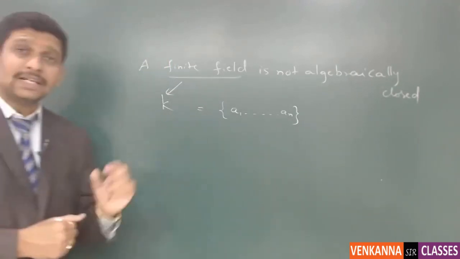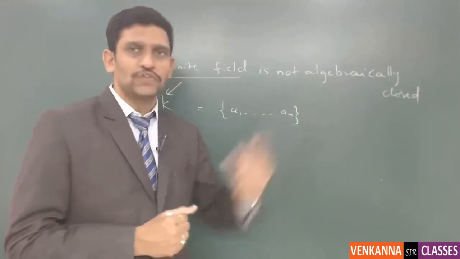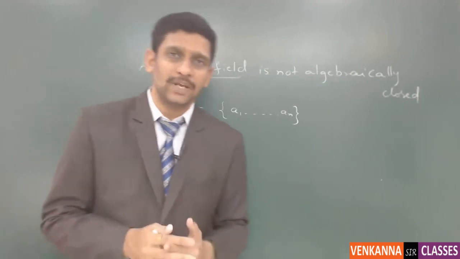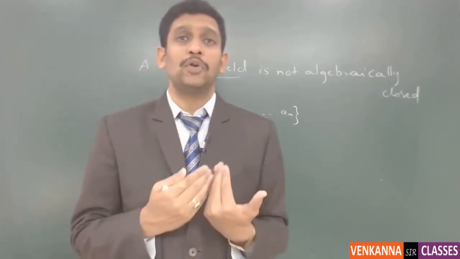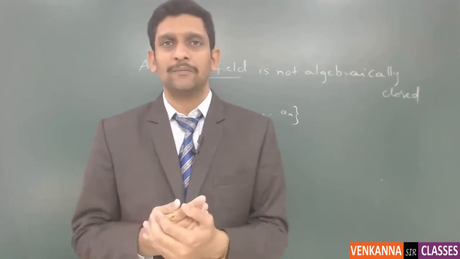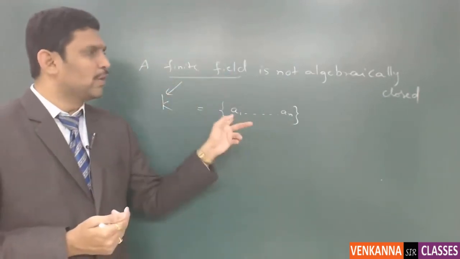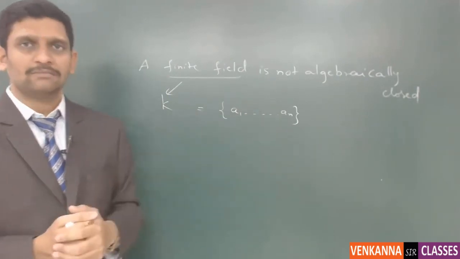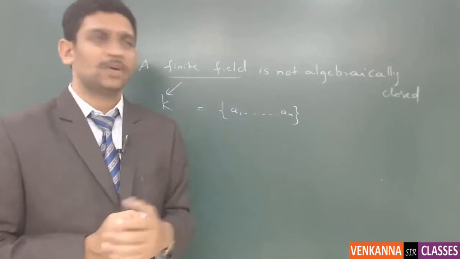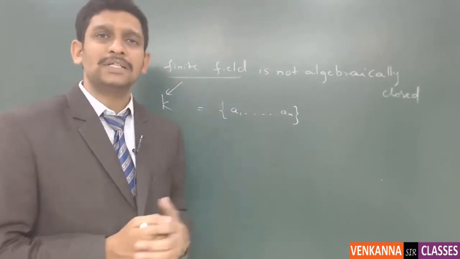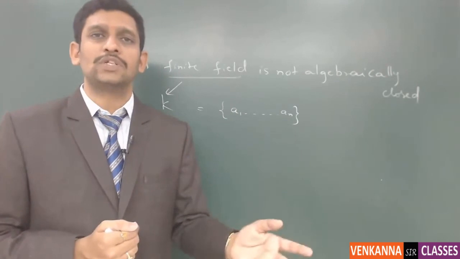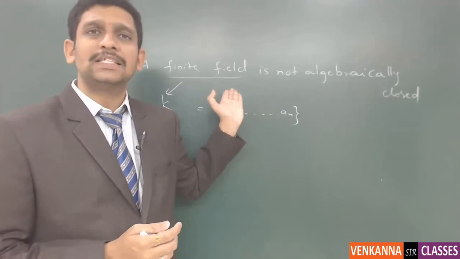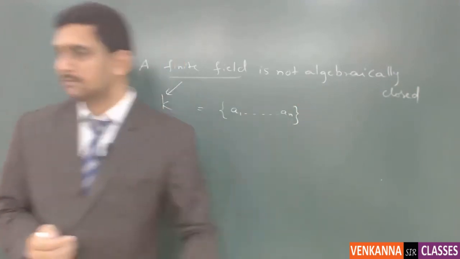Now, that is the condition for algebraically closed. If it is not algebraically closed, what does it mean? If I am able to define a polynomial such that no element in this set will become a root of the polynomial, because one root is enough, that is, all these n elements are not roots of that polynomial, then I can say that this set is not algebraically closed.